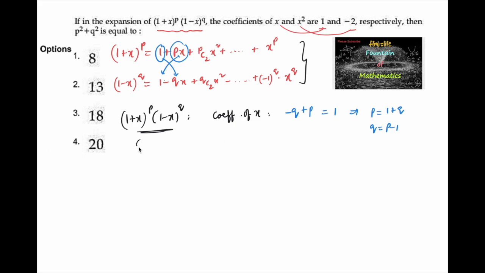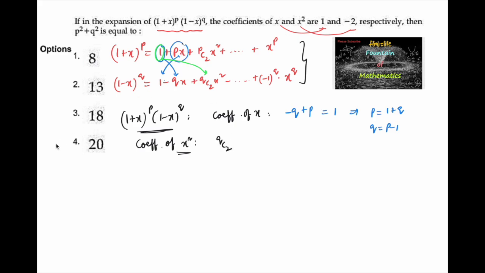And now the coefficient of x square. To get the coefficient of x square, we need to consider the constant multiplied with the x square term, so we get qC2.